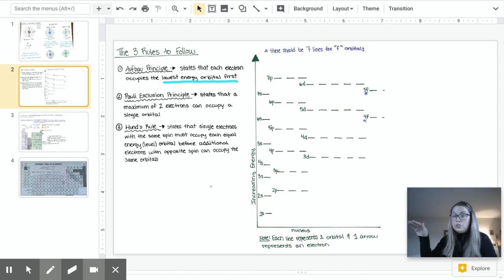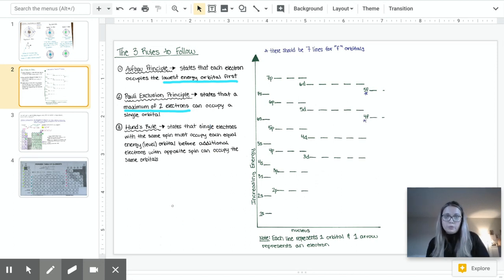They're going to choose the cabin at the bottom of the hill versus the cabin at the very top of the hill. Plain and simple. Then we're going to go to the Pauli exclusion principle. Again, this states that a maximum of 2 electrons can occupy a single orbital. We already know that only 2 electrons can fit in one orbital.